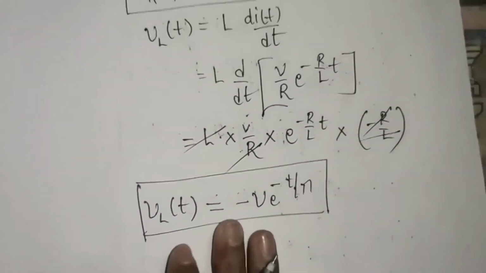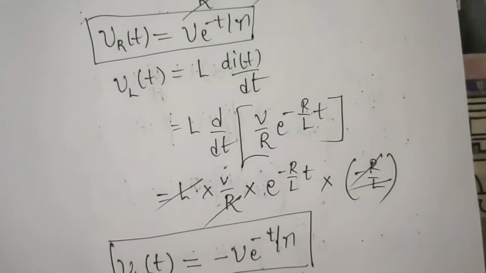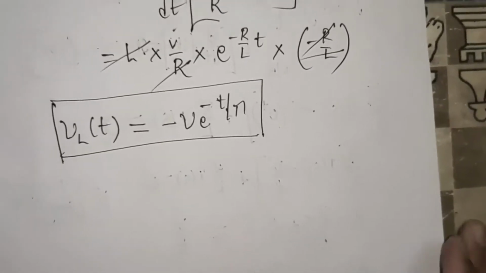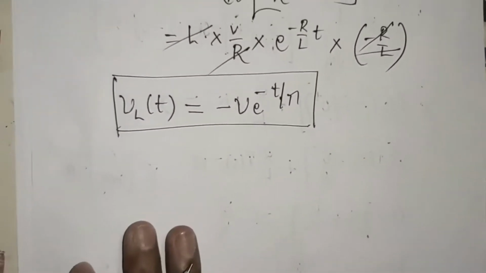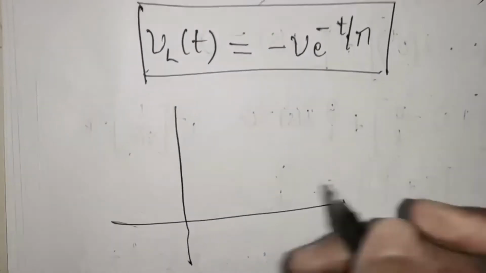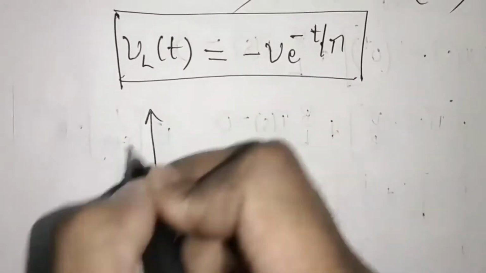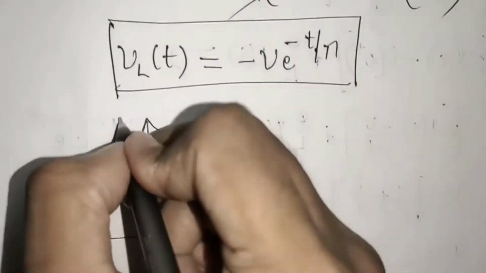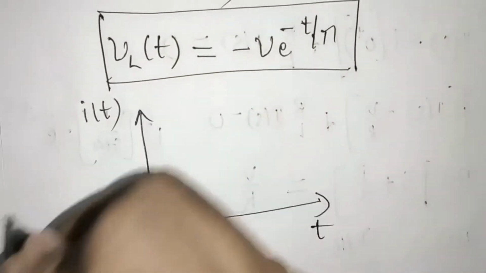So we have obtained the expressions for I of t, Vr of t and Vl of t. Let us try to draw the responses of these three expressions. Let us consider x-axis to be time and y-axis to be I of t.